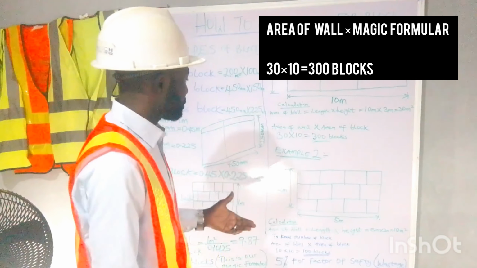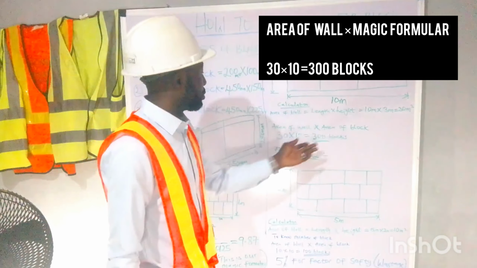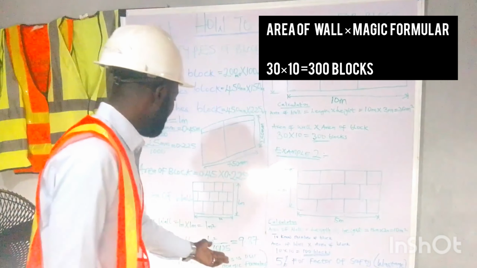Already we have gotten our magic formula. So we'll just say 30 times 10. I've told you this 10 is our magic formula.